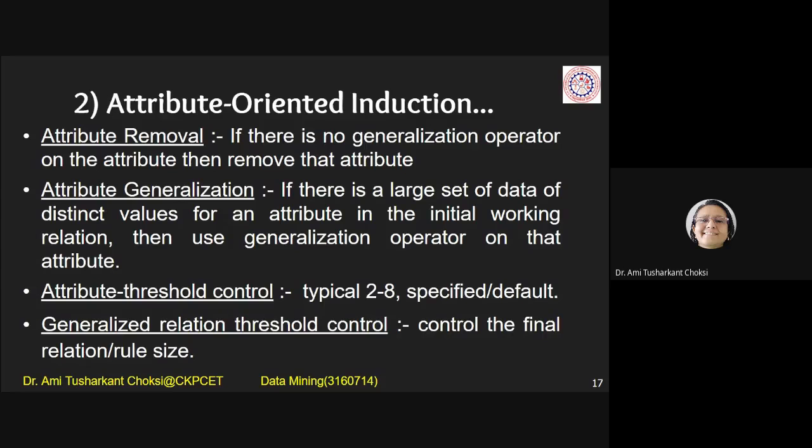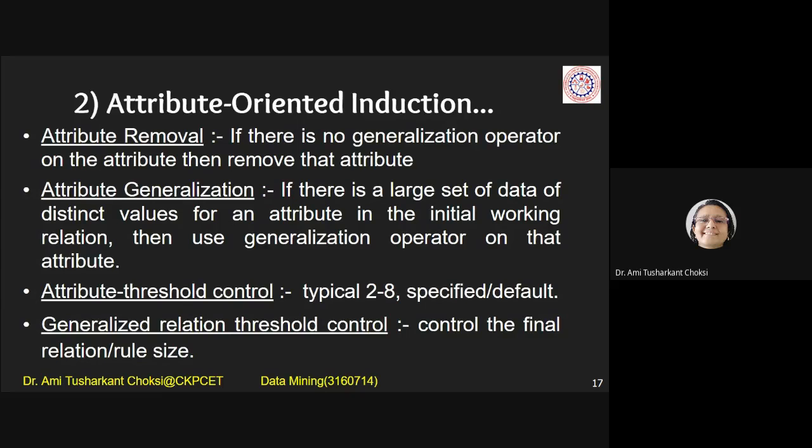The third one is attribute threshold control, typically 2 to 8, specified default. You can say attribute threshold control.